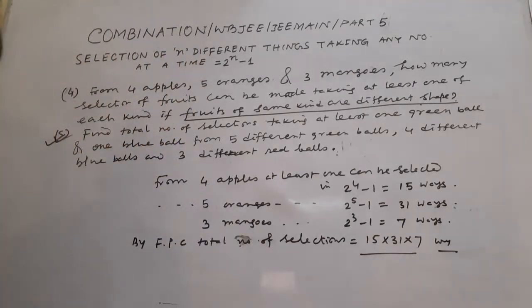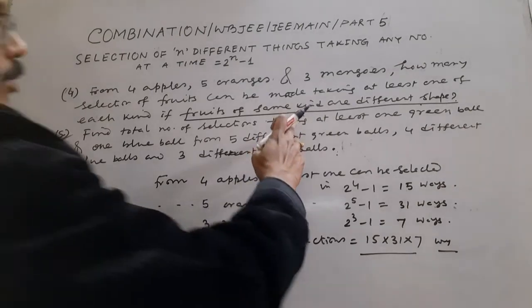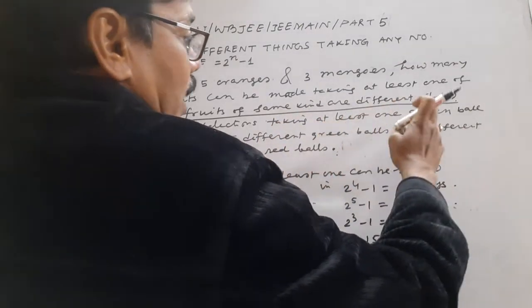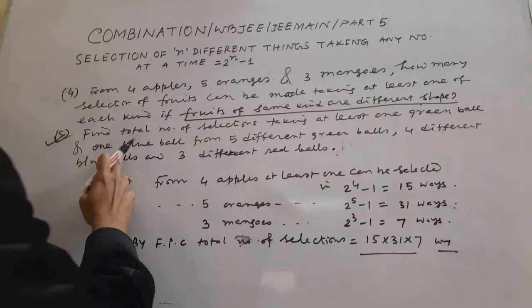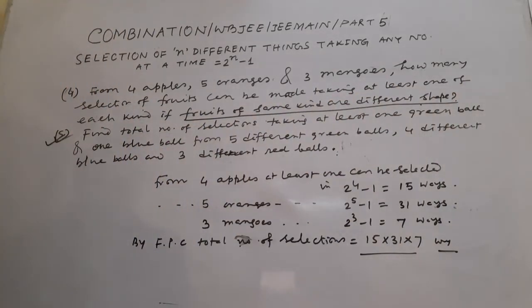So look, find the total number of selections taking at least one green ball and at least one blue ball from 5 different green balls, 4 different blue balls, and 3 different red balls.